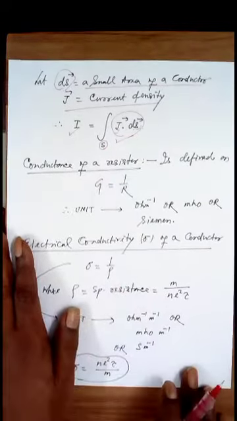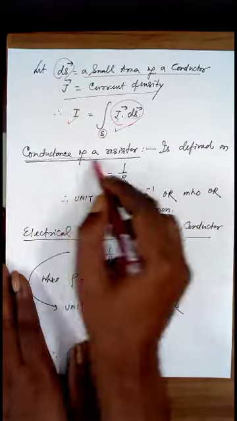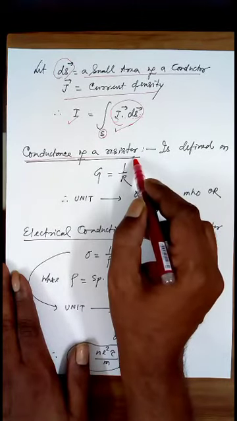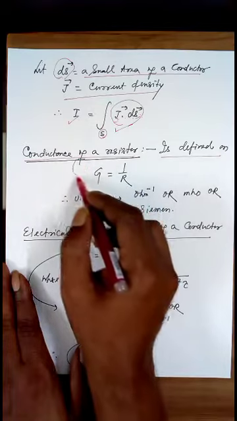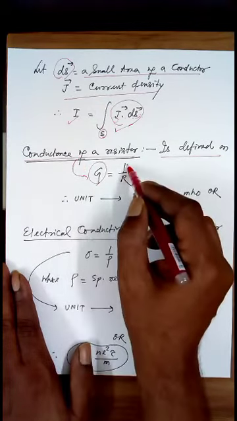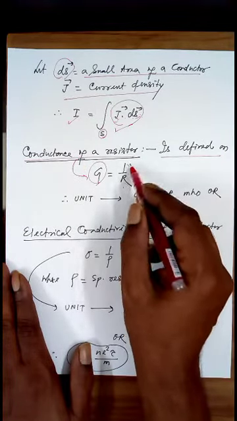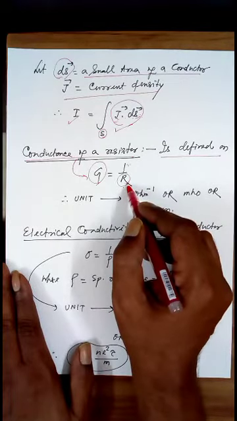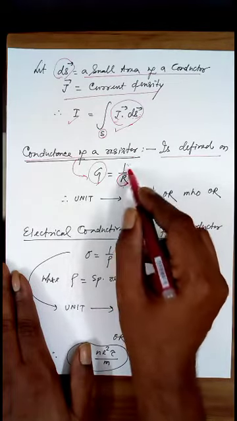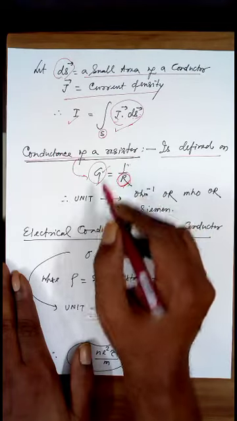Now, coming back to the conductance of a resistor. The symbol for this is G, and it is defined as the reciprocal of R, that is 1 by R. If the resistance of a conductor is more, 1 by R is a smaller fraction, so G is less.